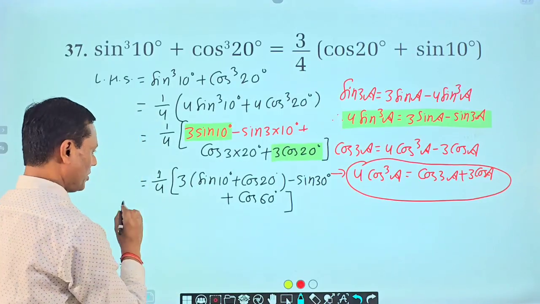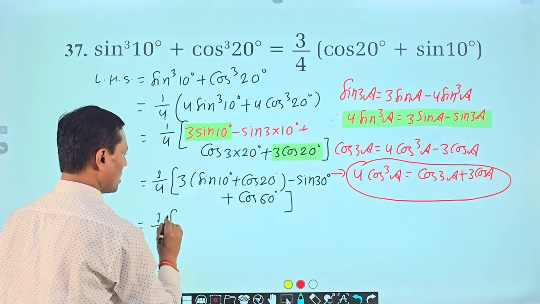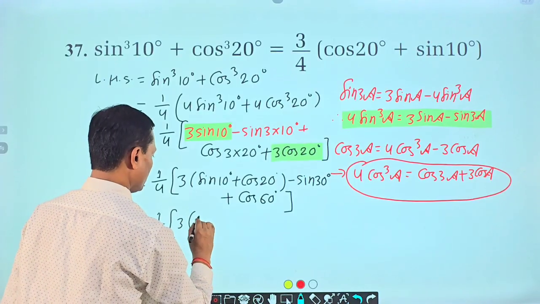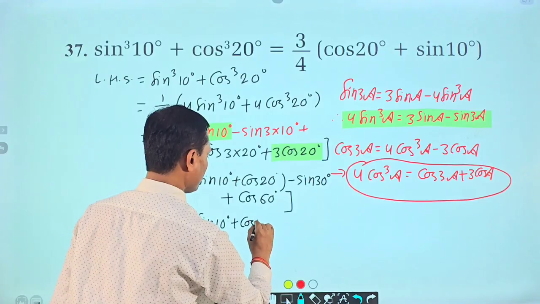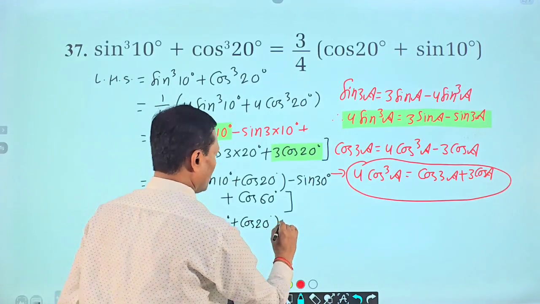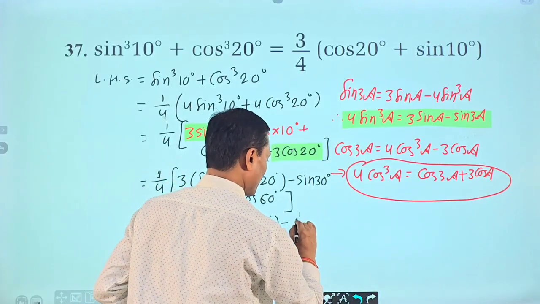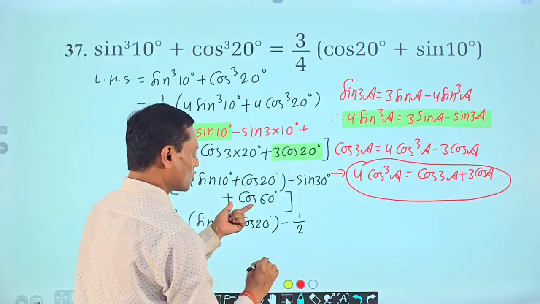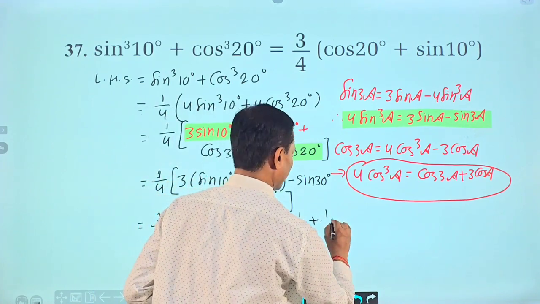Next step, we have 1 by 4 times 3 times sine 10 degree plus cos 20 degree, and sine 30 degree gives 1 by 2, and plus cos 60 degree is also 1 by 2. So we write here 1 by 2.